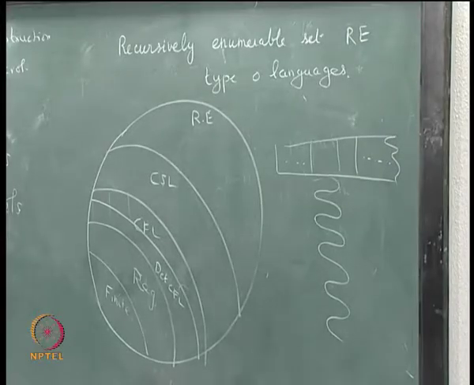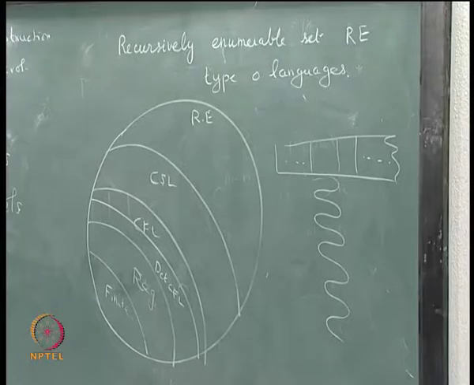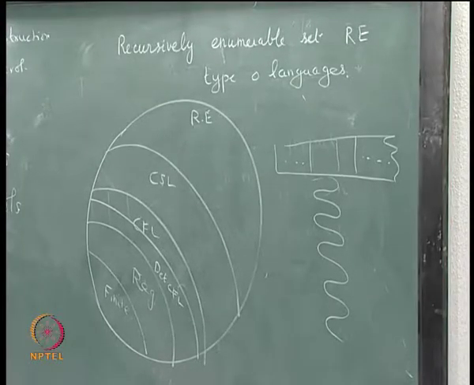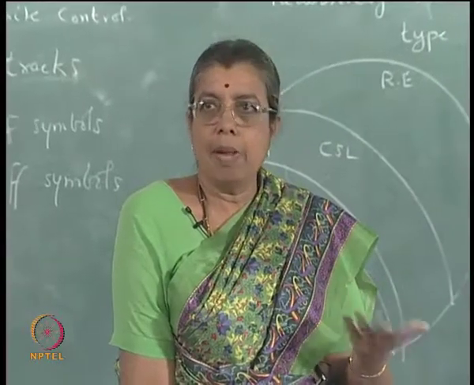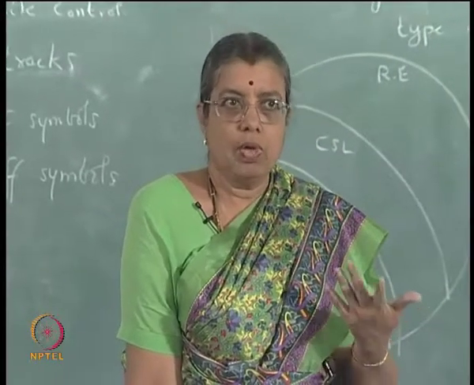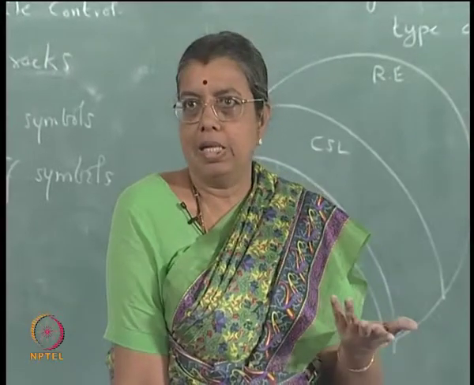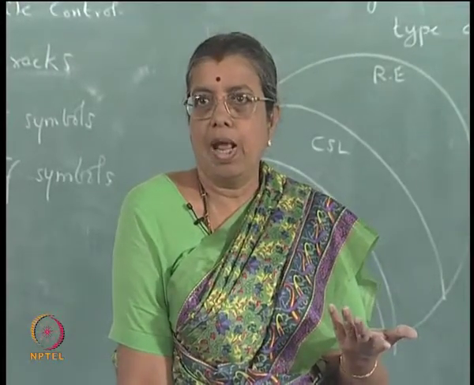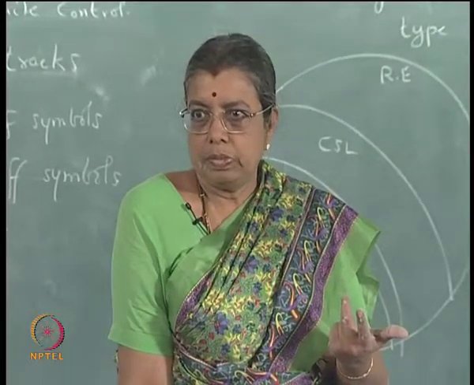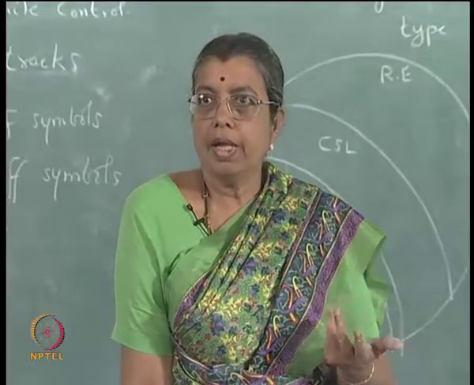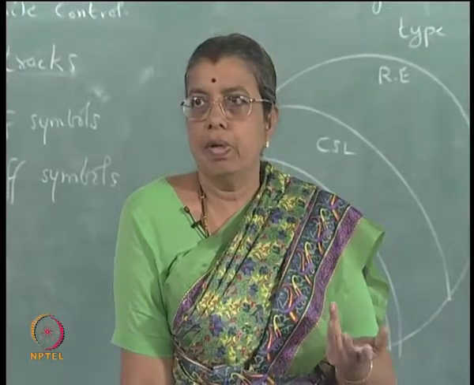For accepting a string, a Turing machine has to halt and accept. For rejecting a string, it may go to a position where it will not be able to make further moves, so it halts in a non-final state, or it can get into a loop, right. This is a very important point you have to note.